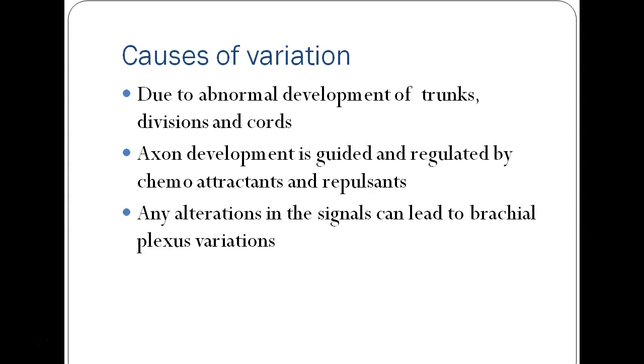So during development of nerves, that is axonal development, they are guided or regulated by chemoattractants and repulsants. Any alterations in the signals of these attractants or repulsants can lead to variation in the brachial plexus.